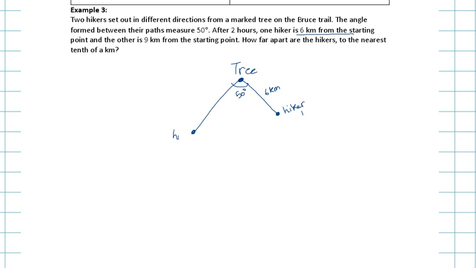And then the question is asking me for what? How far are they from each other? So I'm looking for this side, between the two hikers. So name the triangle however you want to name it, and solve for it.